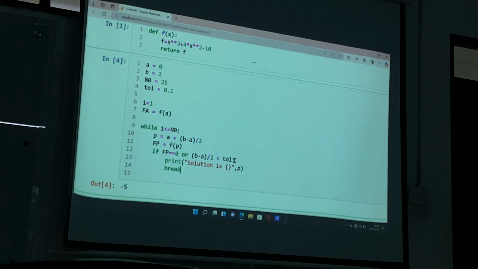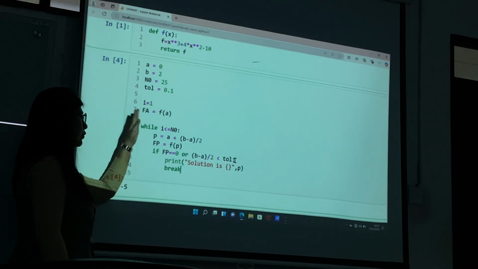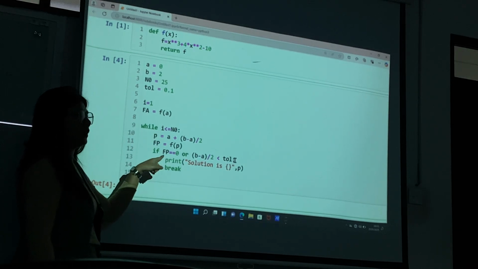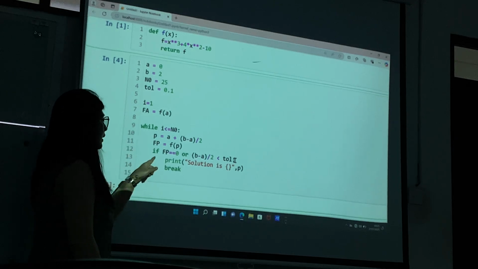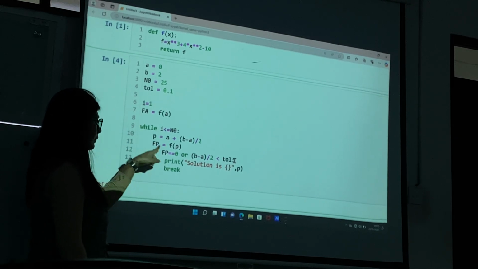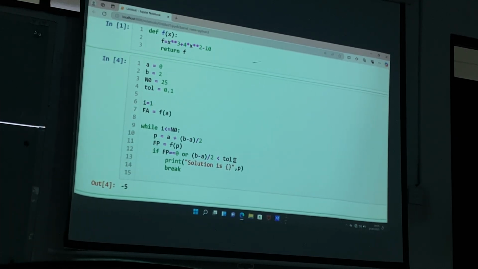Break is used to stop the iteration. If this holds, then break, stop. You don't need to go to the next iteration.